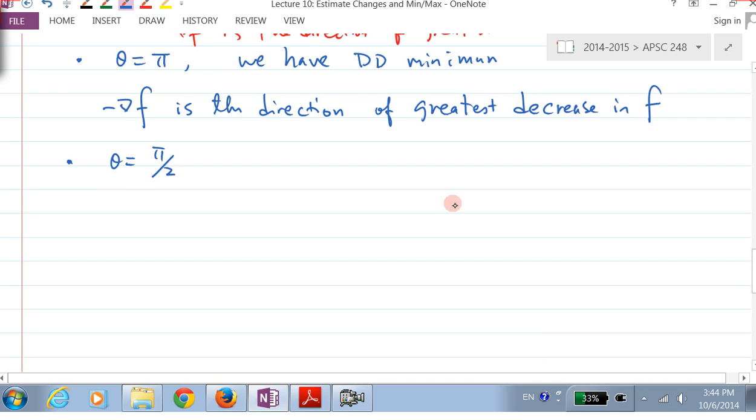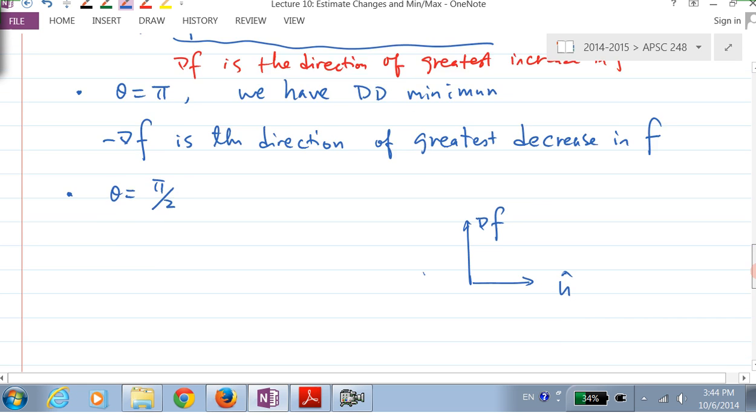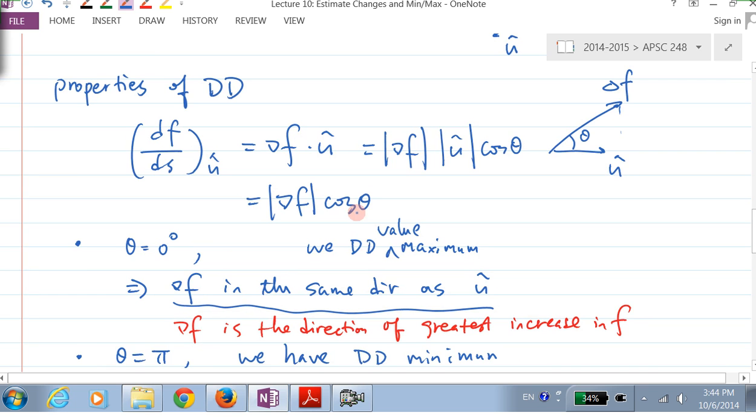So this is del f, right? This is where del f is pointing to, and this is the direction of walking you have. So you're walking in a direction which is perpendicular to the gradient vector, and as you find out, your directional derivative is 0. So 0 basically means the rate of change equals 0.